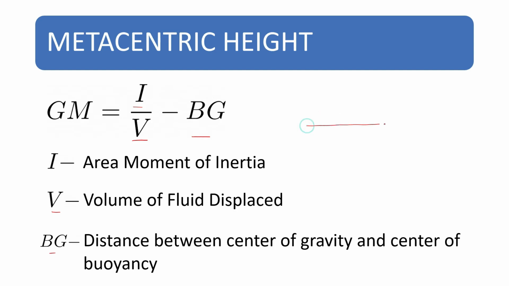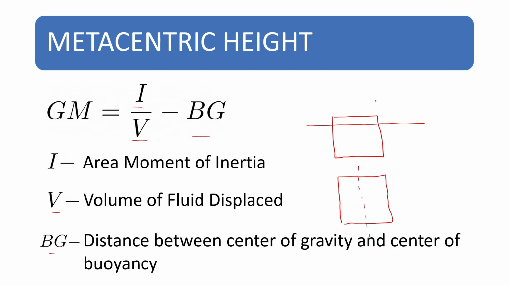So if you take a fluid like this, and this is your body, and you draw the top view of this body, it will be something like this. The view from the top. Okay.